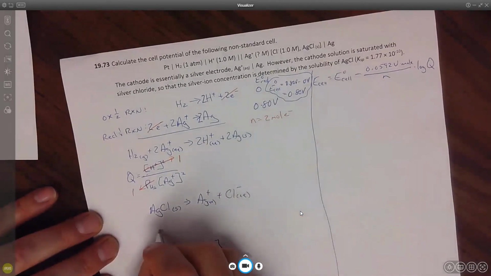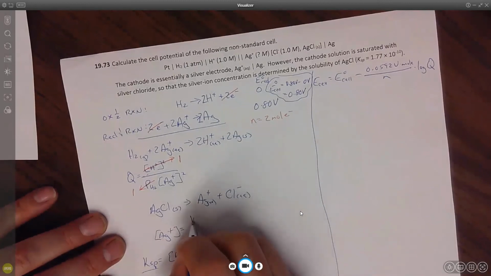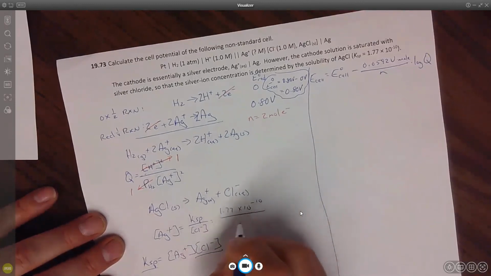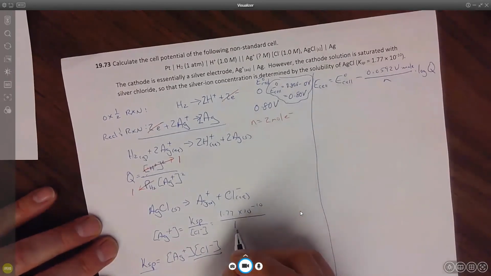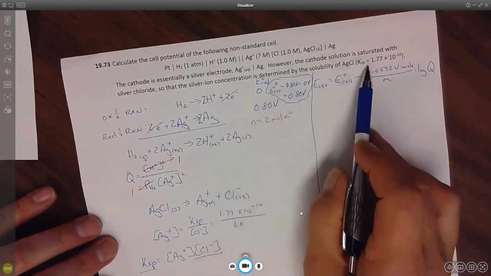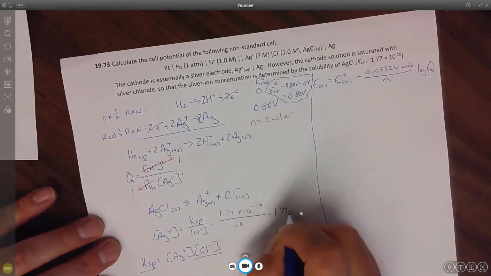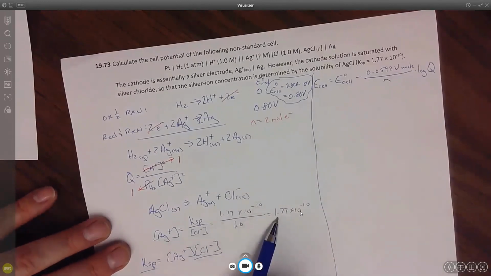So that means I don't need an ice table because I already have the values that I need. So it was 1 molar, so that's 1.0, and then the KSP. So basically, the concentration of the silver is just 1.77.